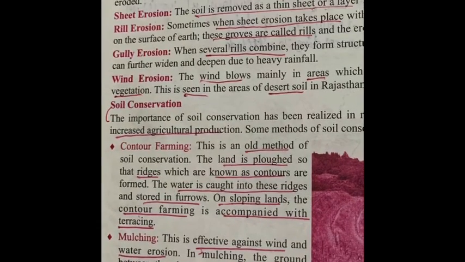Contour farming is the oldest method of soil conservation. In this, the land is plowed and they form ridges. These ridges are capable of catching the water and storing it in the furrows. This type of contour farming is practiced in sloping areas.